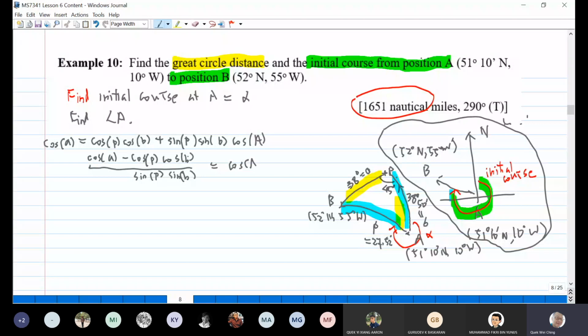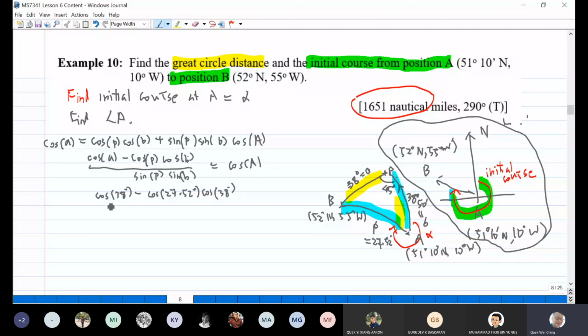So plug in all the numbers inside there. So this is cosine A. A is 38 degree, minus cosine P. P is 27.52 degree, and then cosine B. B is 38 degree.